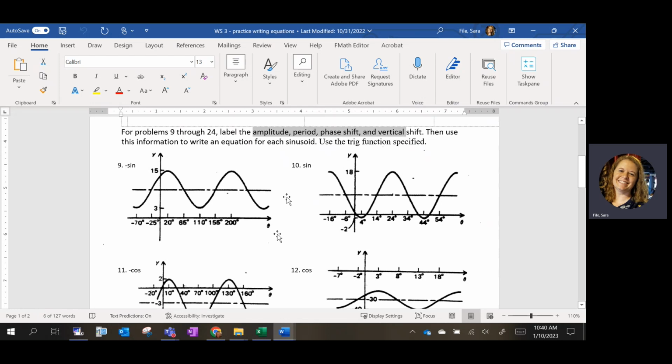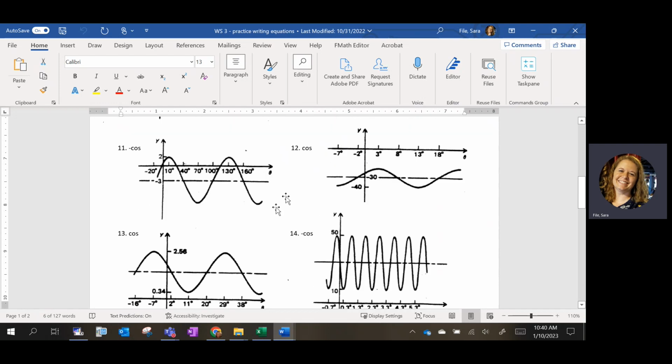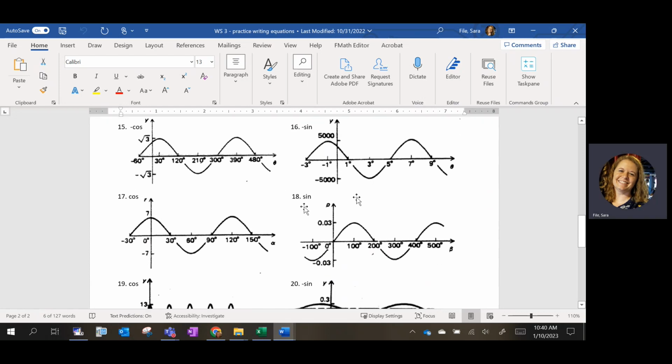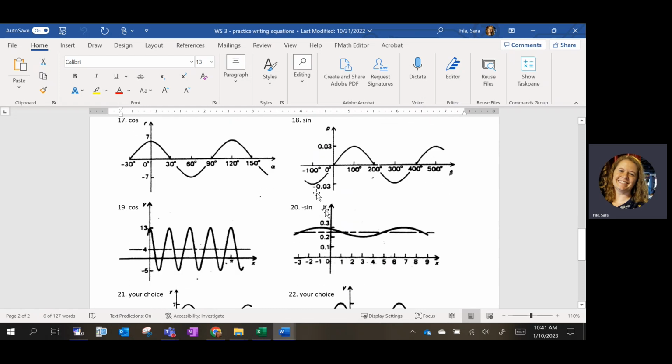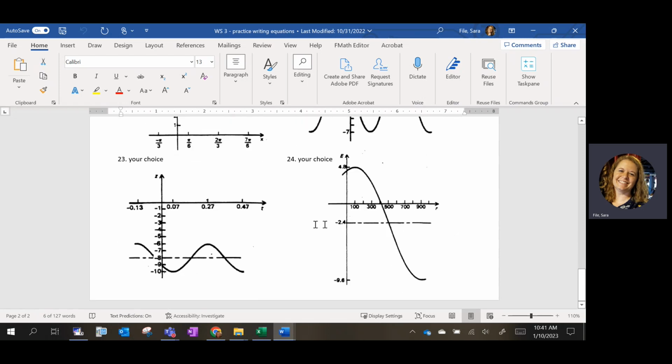Most of us will have the same answers because we're working with the same trig cycle. Does that make sense? Okay, you'll notice this front side, all of these graphs are in degrees. If you flip over to the back, we're still in degrees until number 18. 18 is the last one in degrees. So if you want to draw a line here to separate, you know that up to 18 is in degrees, and the rest of these, 19 through 24, are in radians.